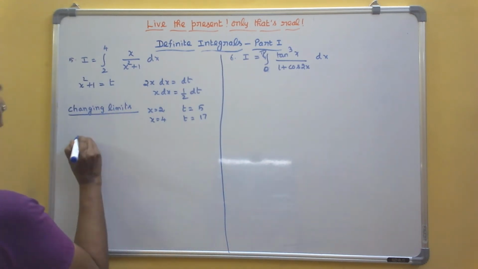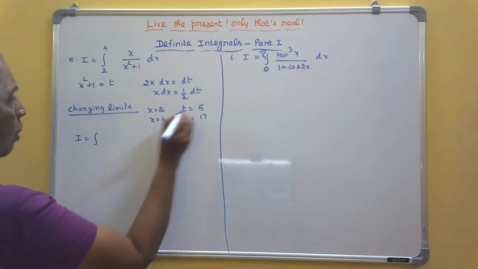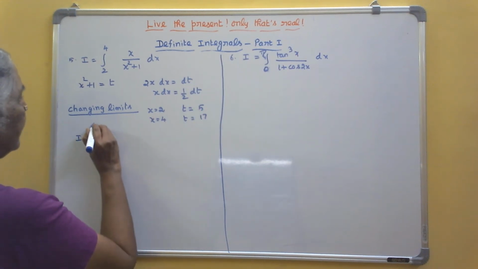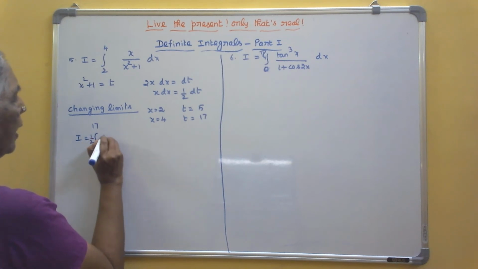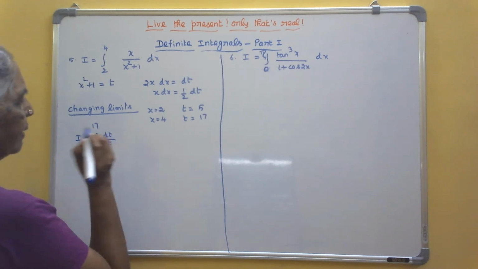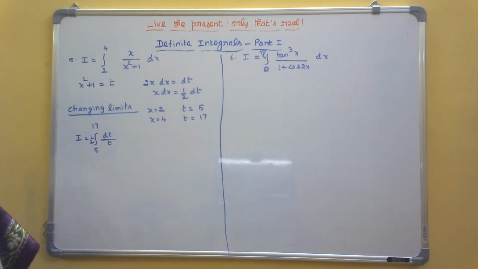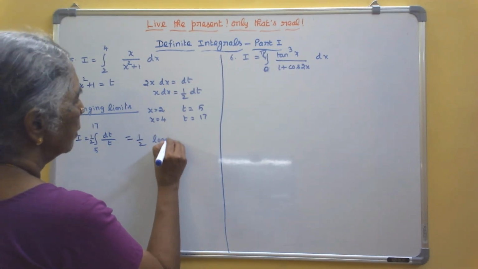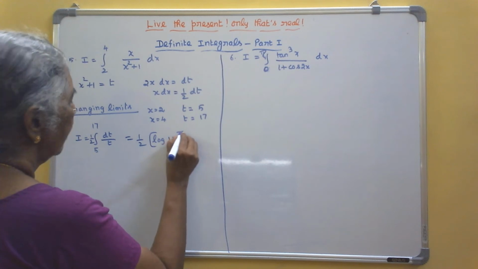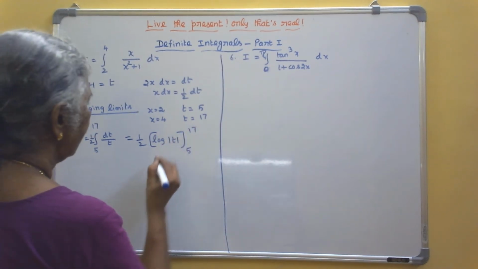So now I will be equal to, now the changed limits 5 and 17. x dx is half dt. Write the half here, dt by t, right? Now you know dt by t means you will be getting log mod t, then 5 and 17.